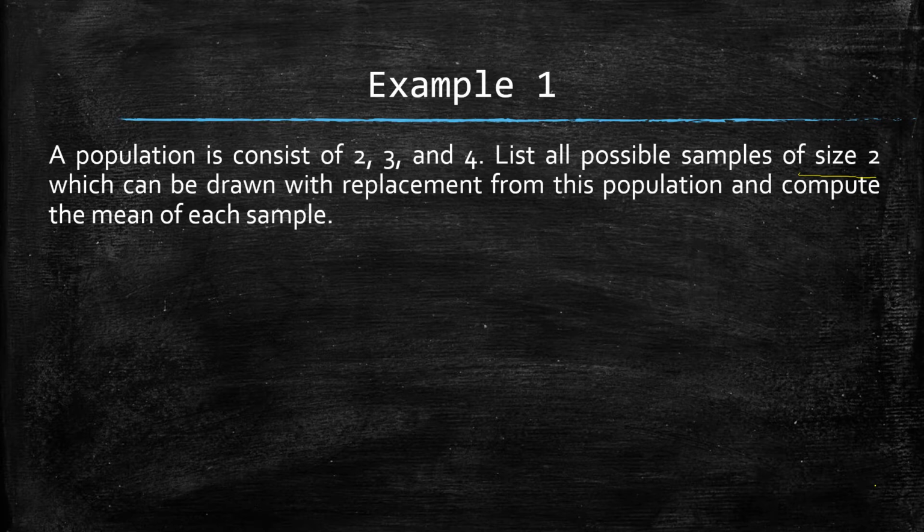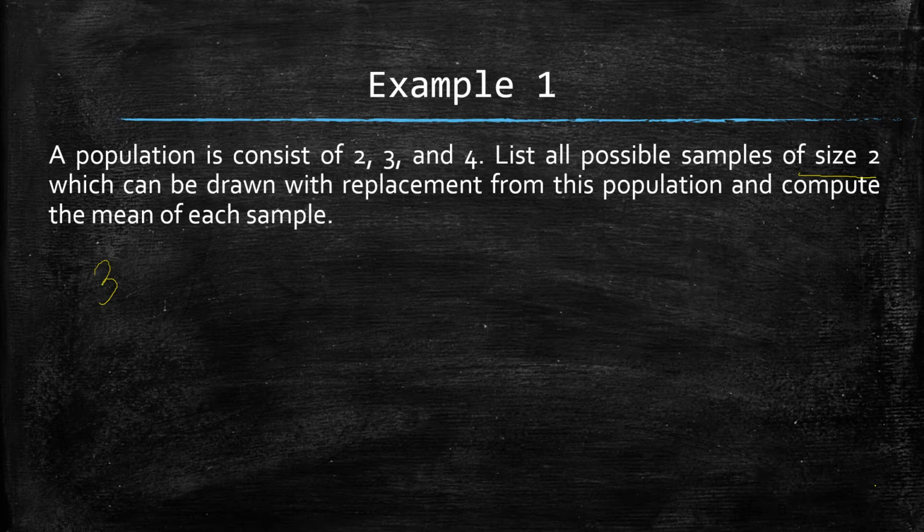In sample 1 or event 1, there are how many options? Since we're going to take it from our population, and there are 3 numbers here, event 1 has 3 options. How about event 2? Or sample 2, how many options do you have?